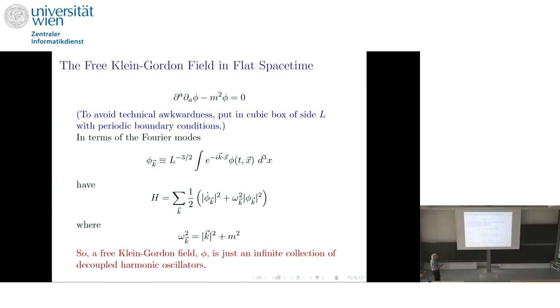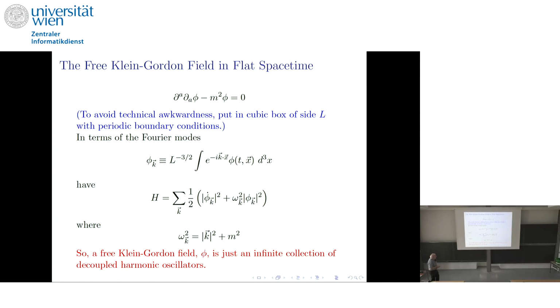Well, if we break this field up into spatial Fourier modes, and I put it in this box just to have discrete modes and be able to use sums rather than integrals, I didn't write down the Hamiltonian for this, but it should not be surprising that the Hamiltonian translated into these Fourier modes is of this form, which is just a sum of independent harmonic oscillators, just like the Hamiltonian I had for a single oscillator.